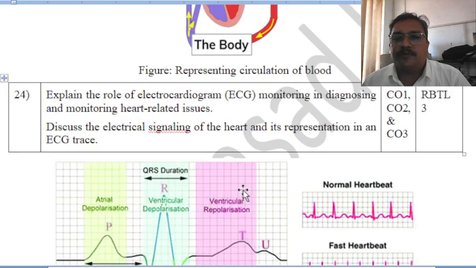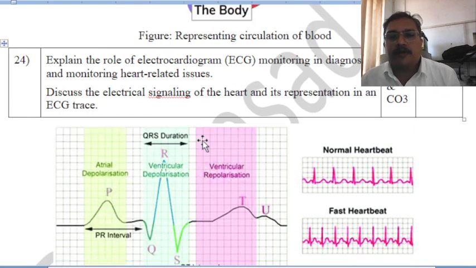Question number 2. Explain the role of the electrocardiogram, ECG, in diagnosing and monitoring heart-related issues, or discuss the electrical signaling of the heart and its representation in the ECG trace.